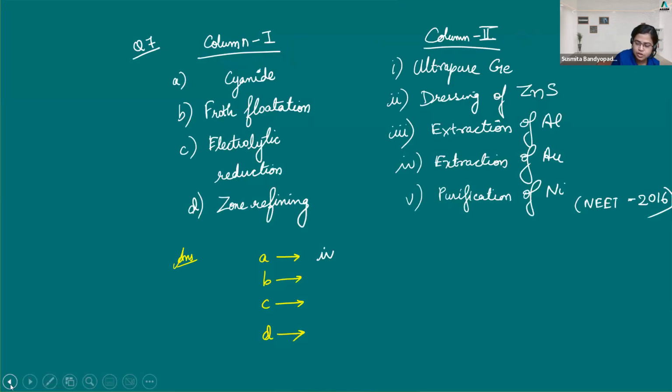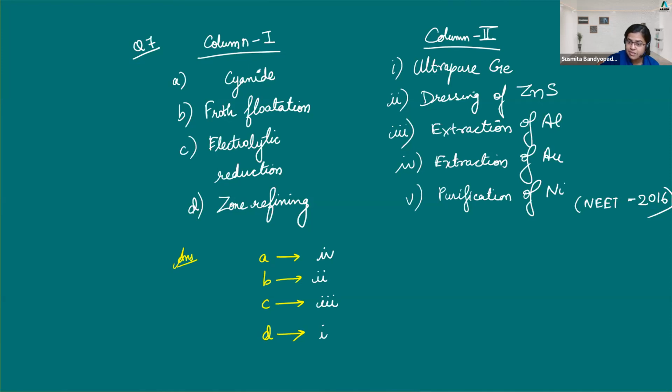Froth flotation is for sulfide ores, no doubt. Electrolytic reduction is for s block and aluminium. Third, zone refining gives you ultra pure gallium, germanium, silicon, hence one match up. 4231.